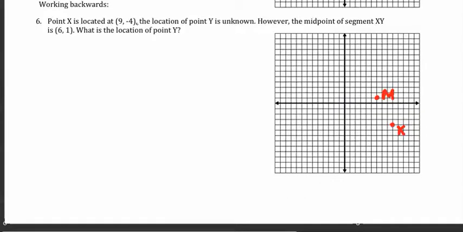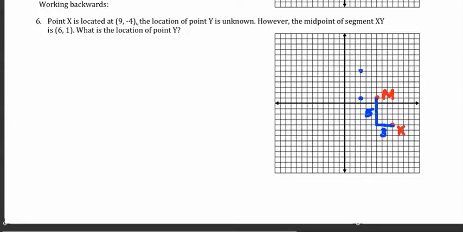And that's exactly halfway. Now, again, if we talked about this as walking, you would have gone left 3 and up 5. Once you've gone left 3 and up 5, you're halfway. So it follows logically that in order to go the whole way, we would go left 3 again, and then up 5 again.